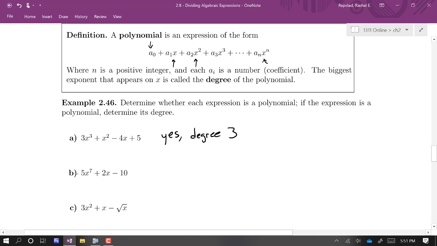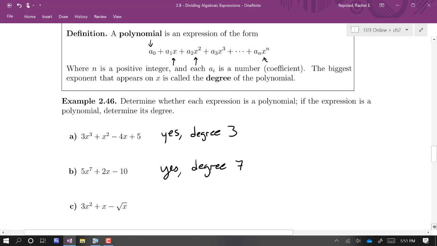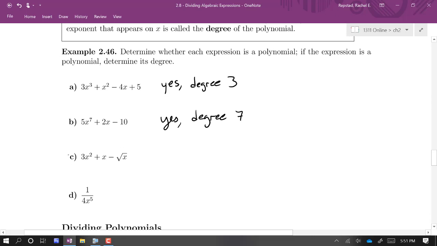The second example, yes, that's a polynomial. Degree 7. Right, we just have positive integer powers on x. In part C here, this is not a polynomial because we can't have a square root of x. That's x to the 1/2, and we can't have fraction powers.